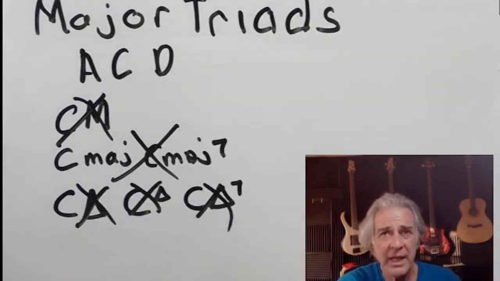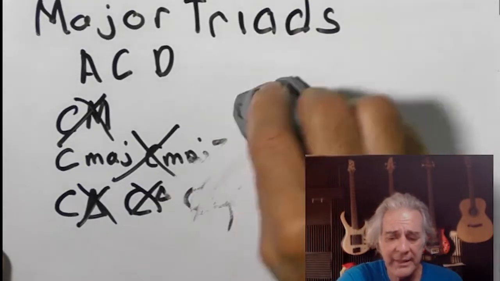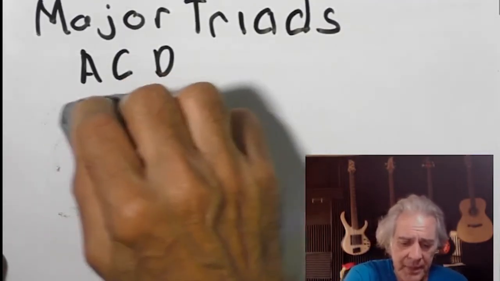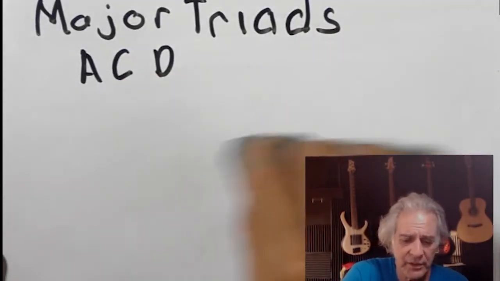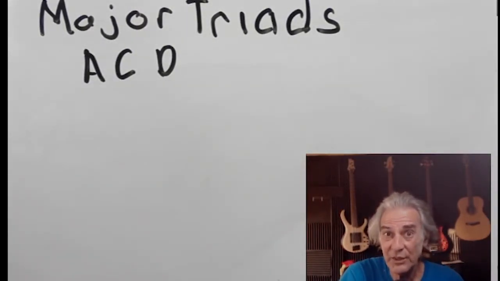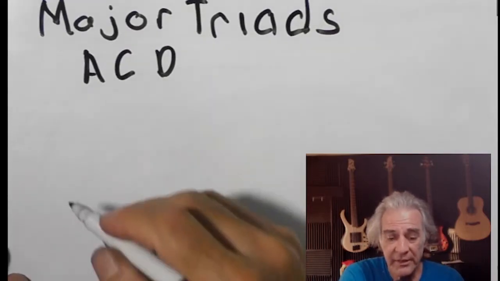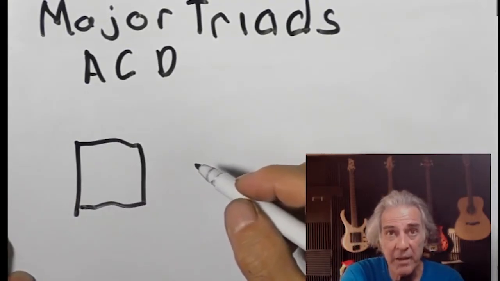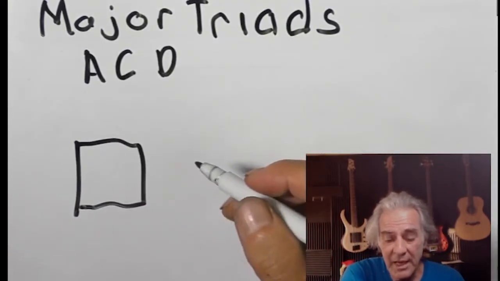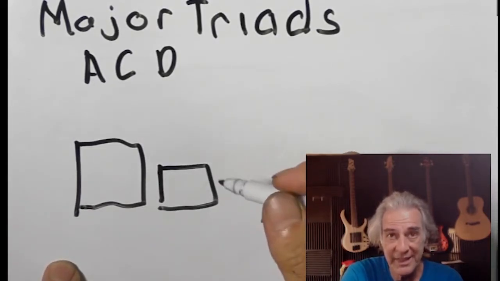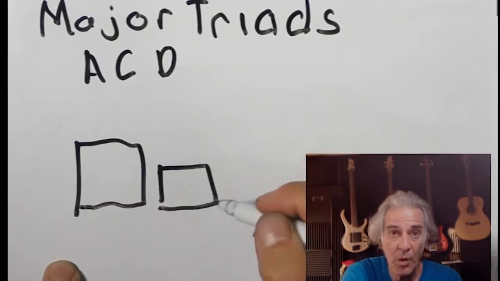Now, let's add a flat. If we're going to add a flat, it's going to look a little different. Before I add the flat, I want to show you the configuration that standardized chord symbol notation uses. They use boxes. They have a box for the letter name of the note. Then they have a box right here, which will be the type of chord it is, major or minor.